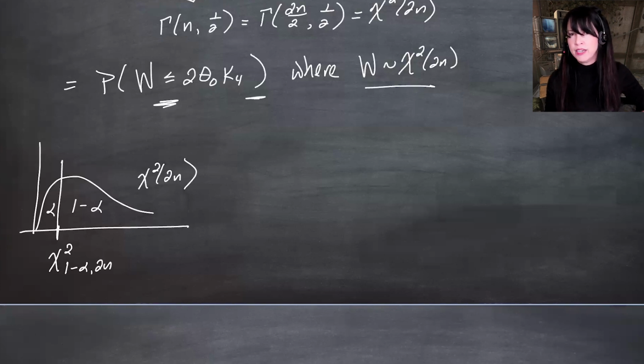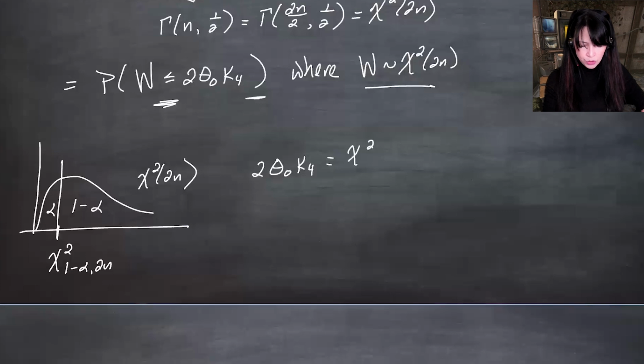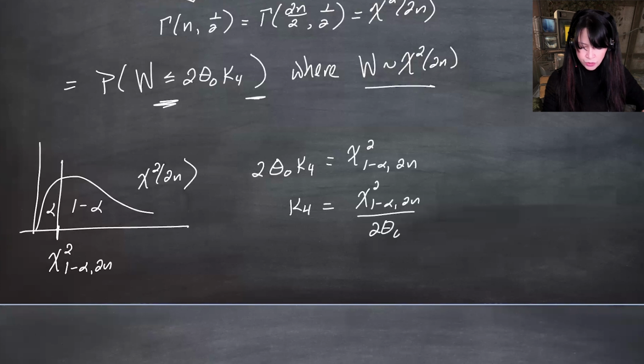You can call it whatever you want, as long as you're clear, drawing a picture is clear, or you explain what your notation means on the homework or an exam. But in our notation, 2 theta naught K4 is equal to chi-squared sub 1 minus alpha, comma 2n. This means that K4 is chi-squared 1 minus alpha, comma 2n over 2 theta naught.